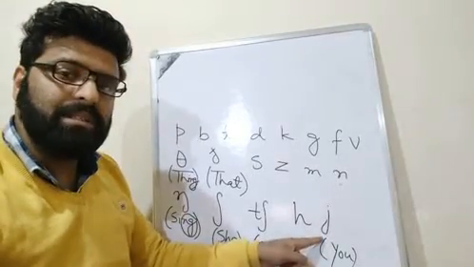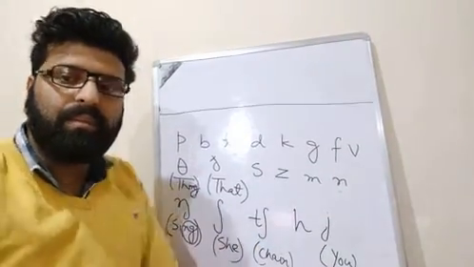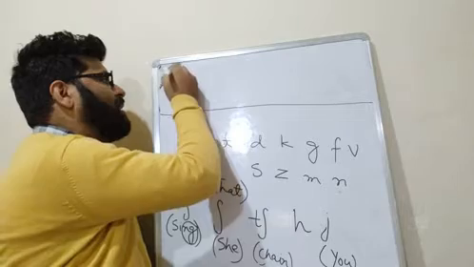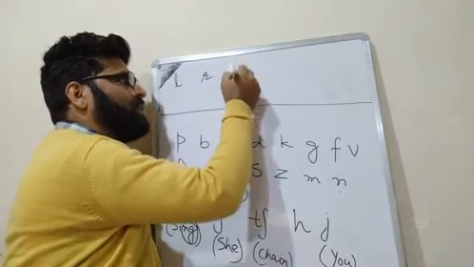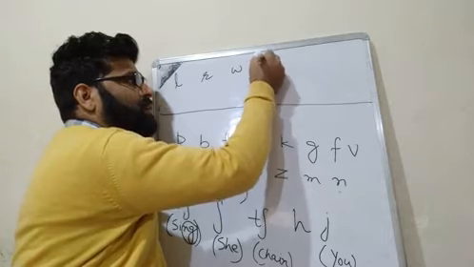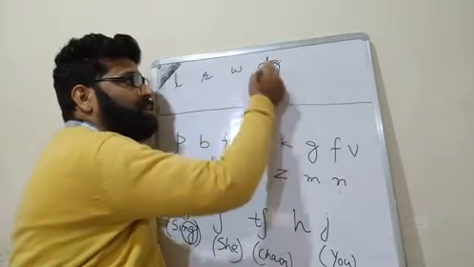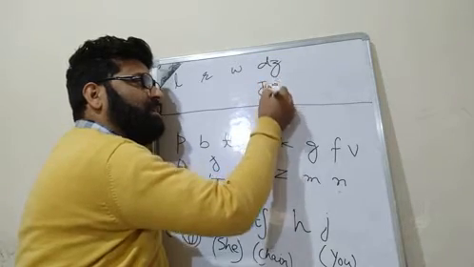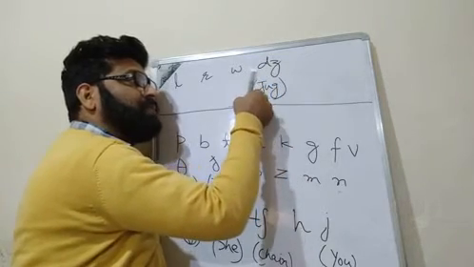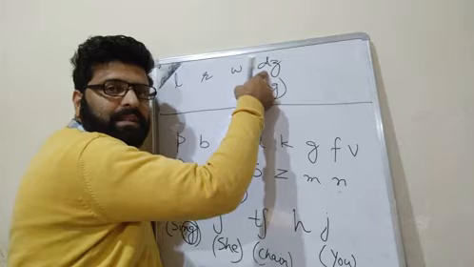What is this? This is yeah. This is l, r, w. Dear students, this is j, jug. The sound of j is written like this.